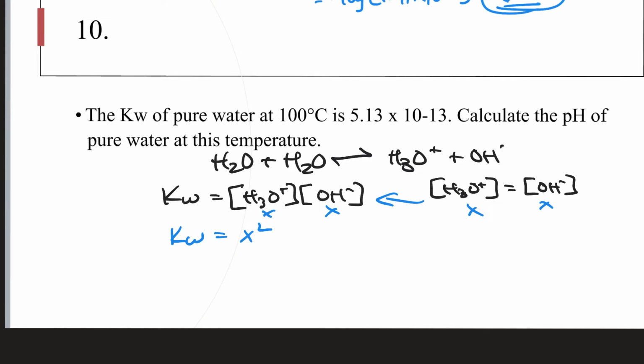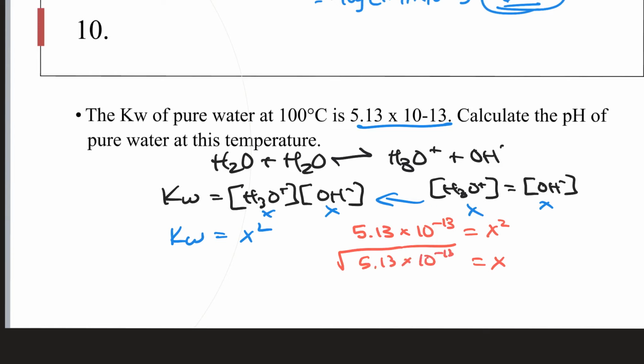Let's substitute Kw from this problem: 5.13 times 10 to the negative 13 equals x squared. To solve for x, we take the square root of 5.13 times 10 to the negative 13. This gives us x equal to 7.16 times 10 to the negative 7.